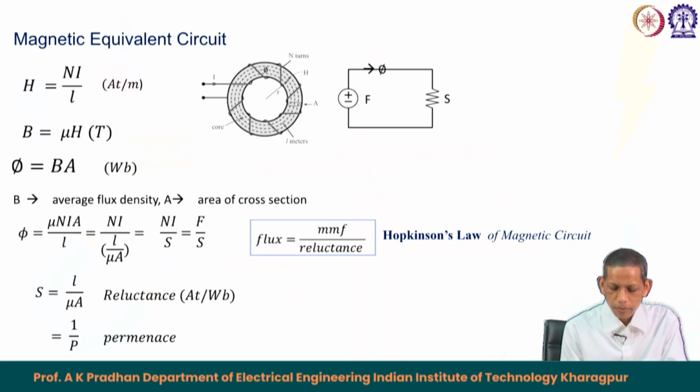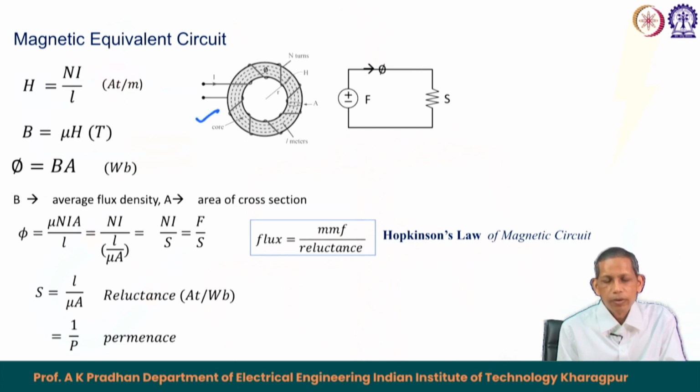For a given magnetic circuit, like here a toroid is shown in this diagram, we know from Ampere's law that H equals N I upon L, MMF equals N I, and the mean length of the core is L. Now, B equals mu H Weber per meter square or Tesla, that relation we also know. We know phi equals B into A, where A is the cross-sectional area of the core.